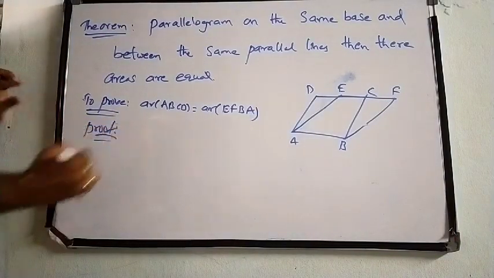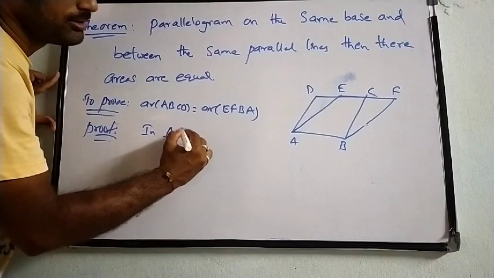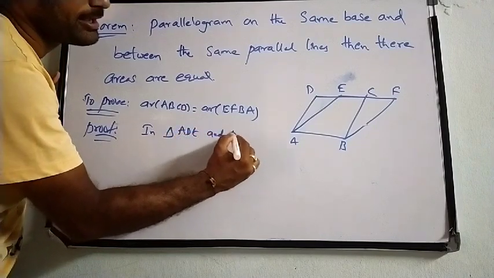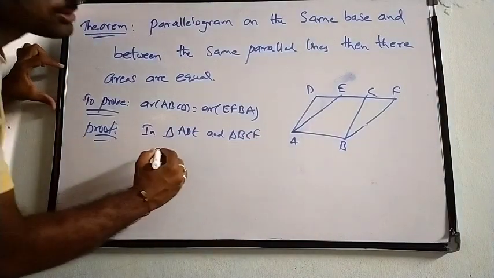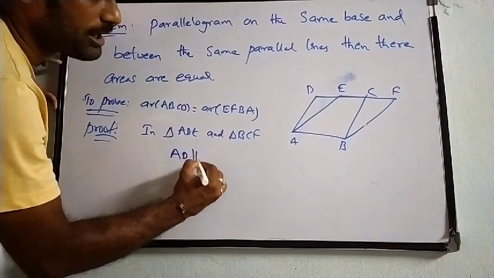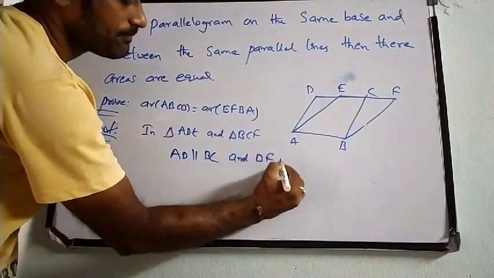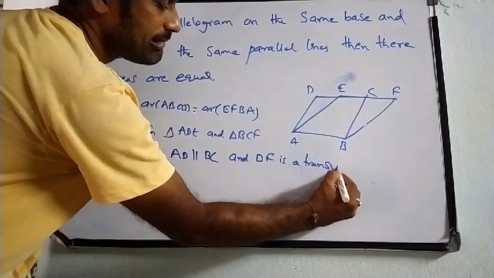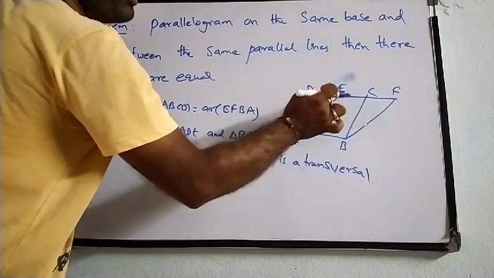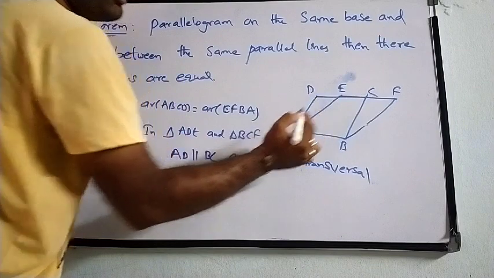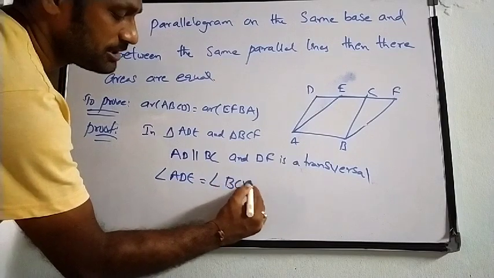So let us start the proof. In triangle ADE and triangle BCF, if you observe these two triangles, AD is parallel to BC and DF is a transversal. So angle ADE is equal to angle BCF.